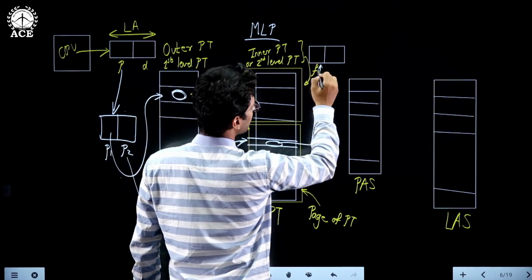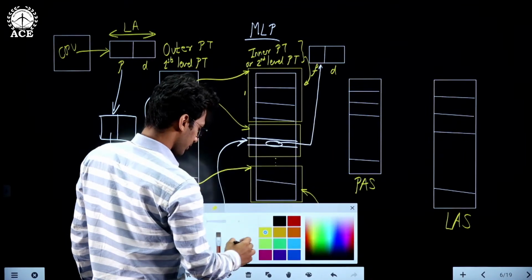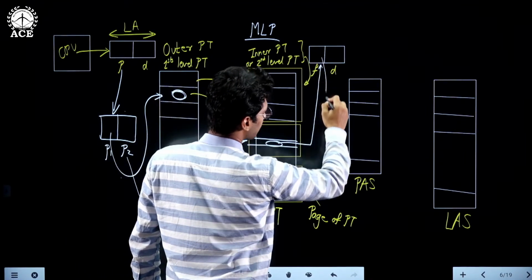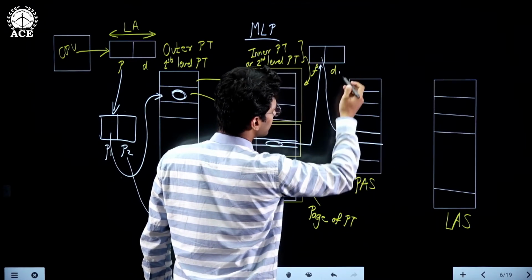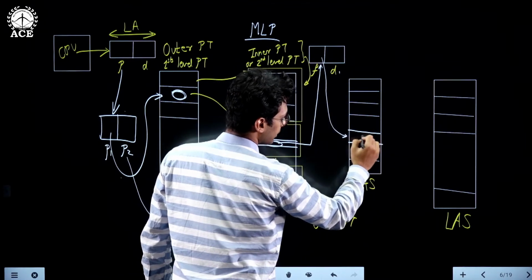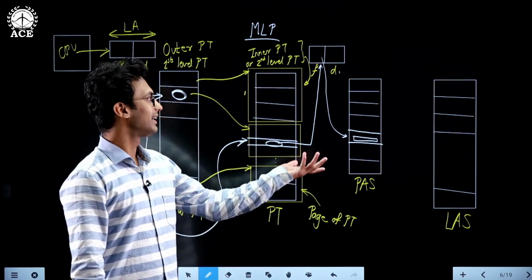This is frame number and this is frame offset. Once you get the frame number, you will go to that particular frame and access that particular word, whatever it is. Isn't it easy?